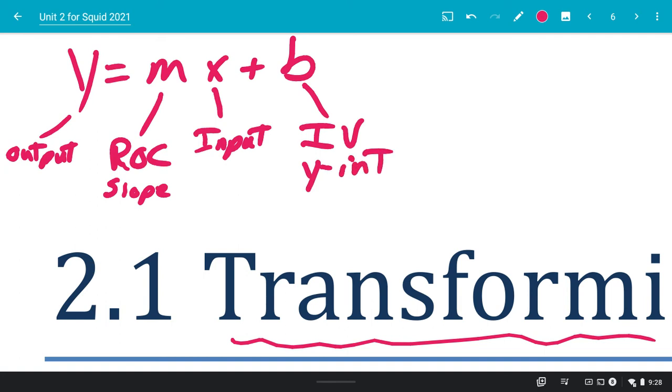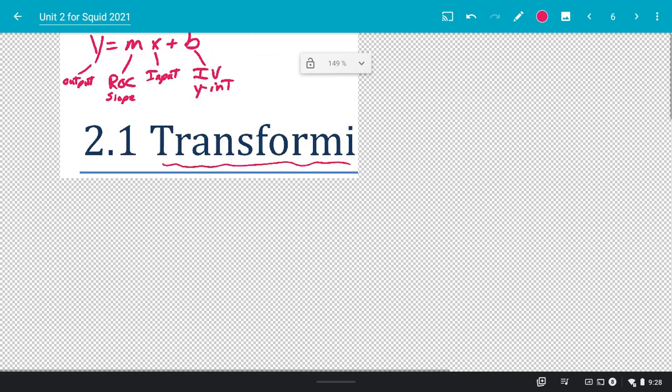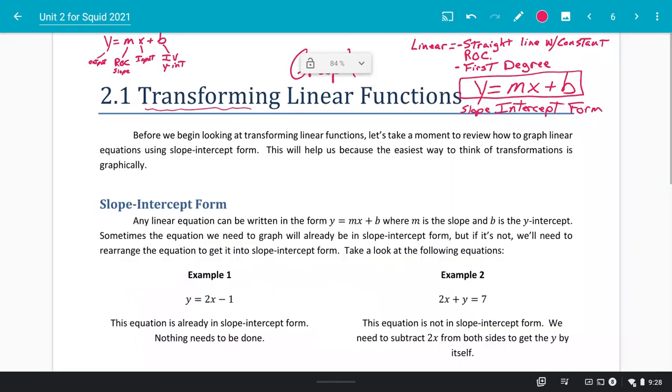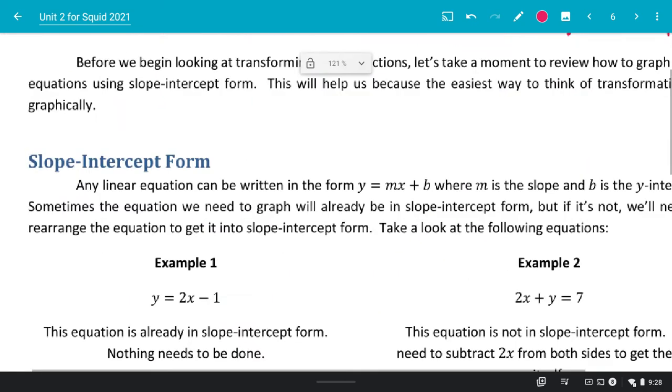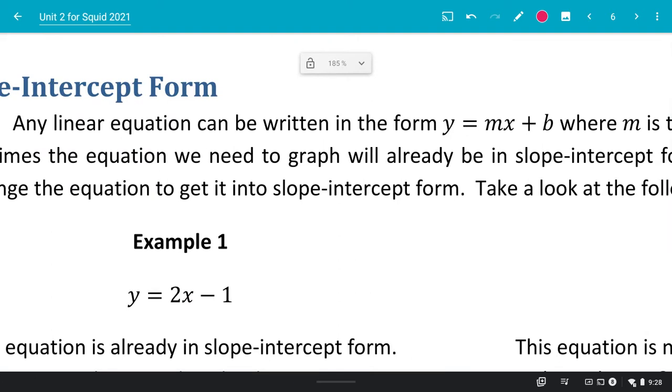It's so easy when you look at one to find those things. Literally, you can just look at it. For example number 1, what is my slope or rate of change? 2. Now, what does that mean? It means 2 over 1. Why do we like to write it as a fraction?